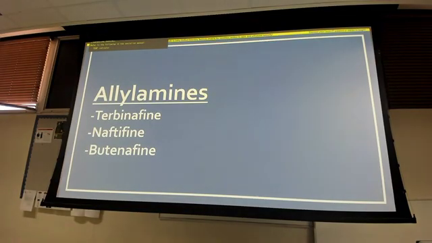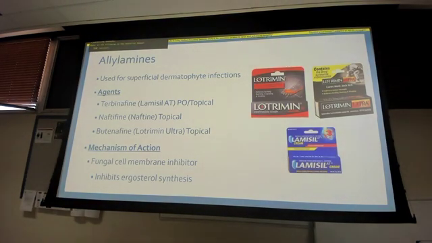Next, we're going to transition to the allylamines. So this is going to be used for superficial dermatophyte infections. So we have terbinafine, naftifine, butenafine, and a lot of these are going to be the mechanism of action with fungal cell membrane inhibitor. So it inhibits, again, that ergosterol synthesis.